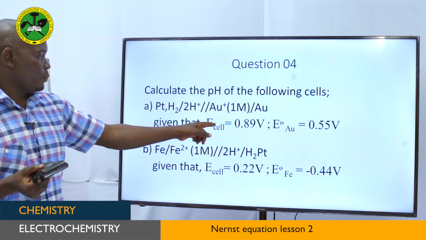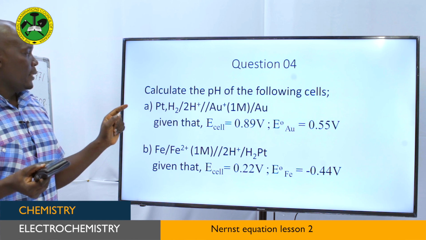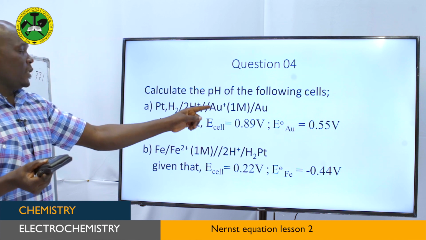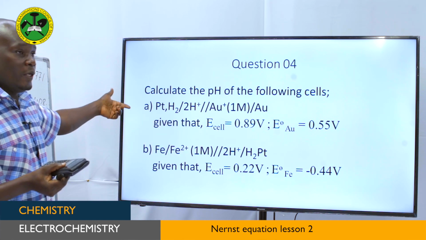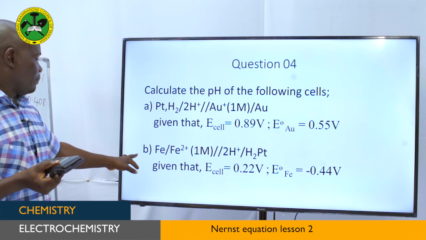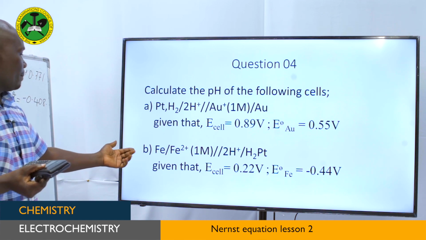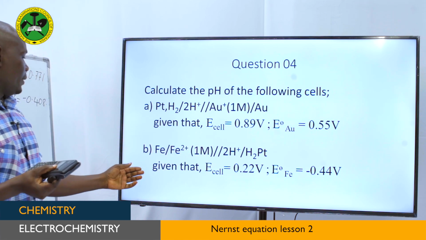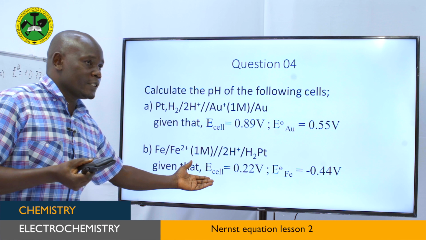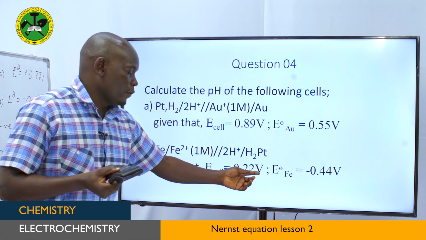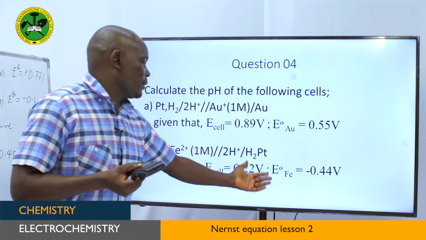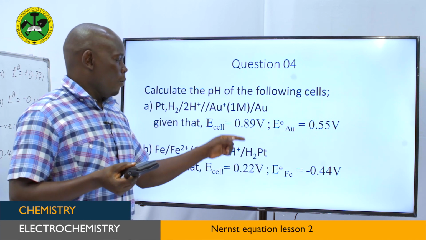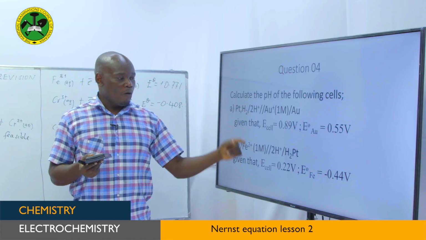You have been given the EMF of the cell, which is 0.89 volts, and the standard electrode potential of gold, which is 0.55 volt. So you can determine its pH. For part B, you are given the half cell of iron and hydrogen, the EMF of the cell, which is 0.22 volts, and the standard electrode potential of iron, which is negative 0.44 volts.